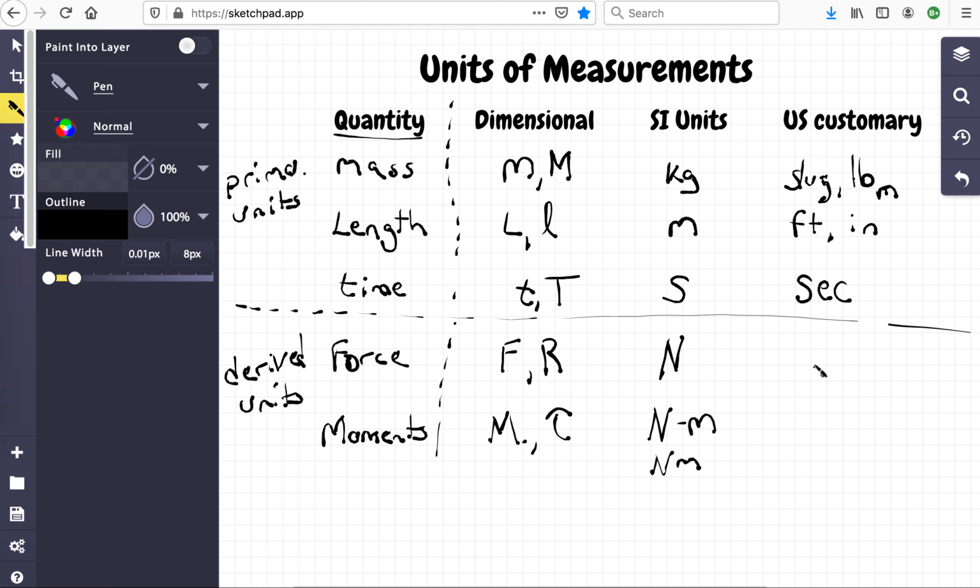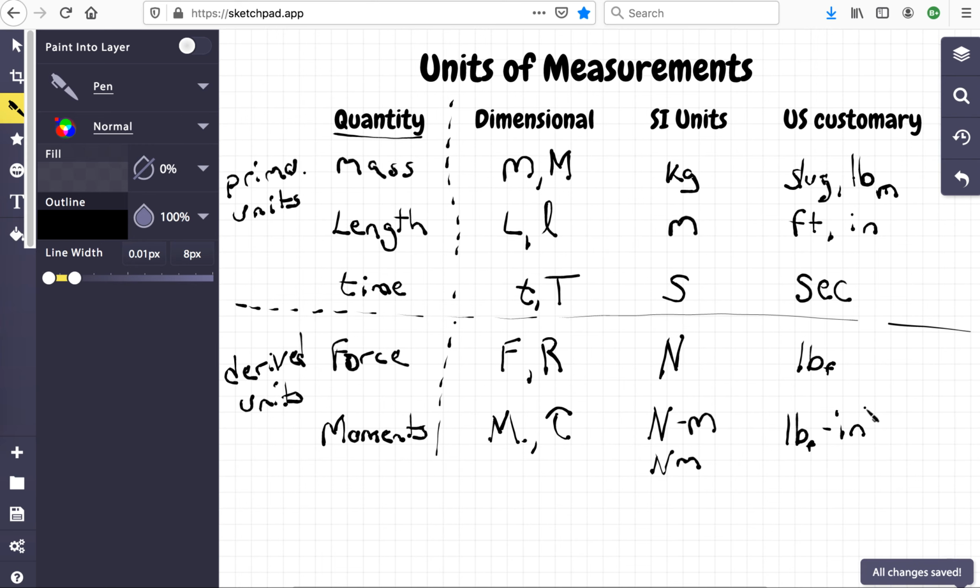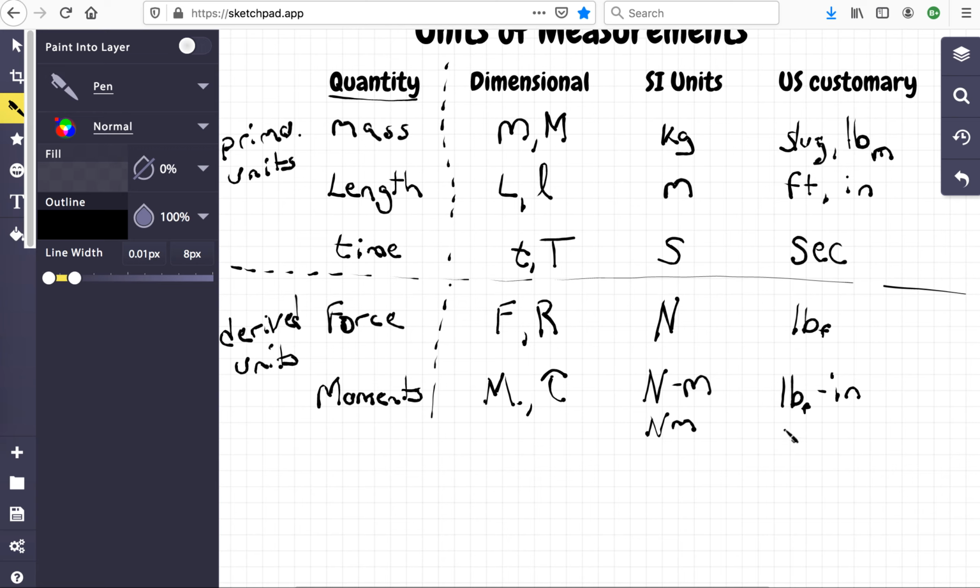Force, you would say lbf, and that's lowercase l, lowercase b, and a lowercase subscript f, and this stands for pound force. Moments, you would also have a pound force, but then you might have an inch, so a pound force inch, or inch pound, sometimes it's referred to, and then you would also have a pound force foot.